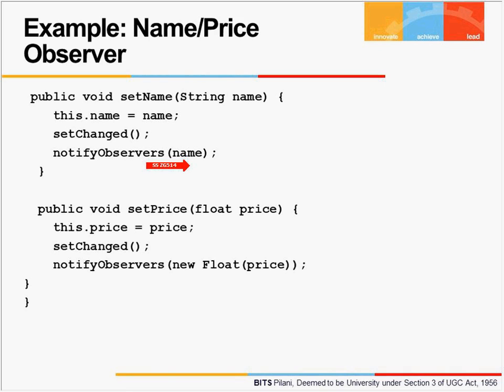Then this method similarly does the same thing, right? It sets the price to the incoming value, set changed is invoked, and then notify observers is again invoked by passing the value. Okay, questions? Just let me finish the section.